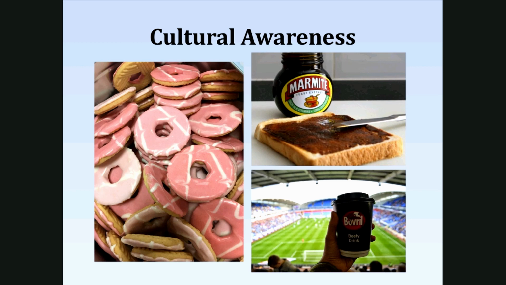So these are very British things, and what can translators do? They can either keep Marmite and give a footnote, because nobody knows Marmite. It's not on sale. Only people who've been to the UK will be familiar with Marmite. The same about Bovril. Or they can substitute it, thinking that it's not a very important thing.